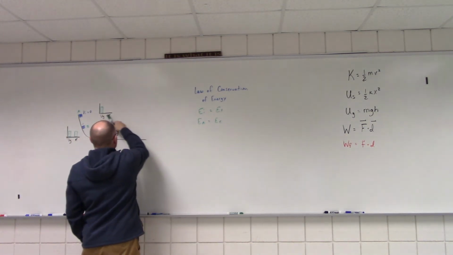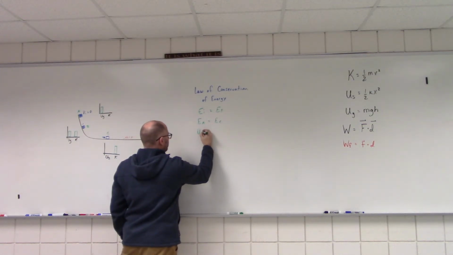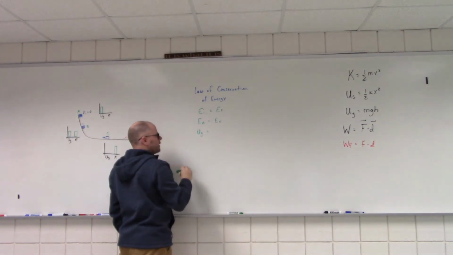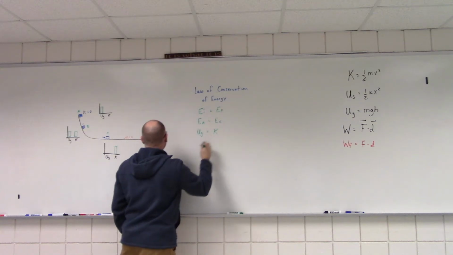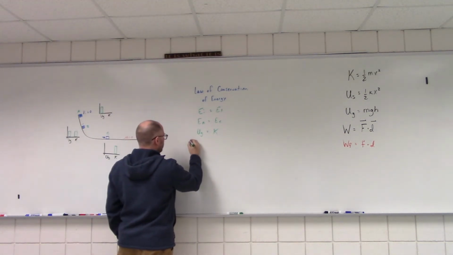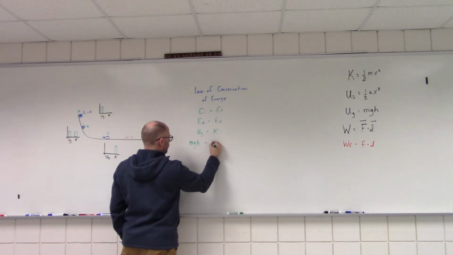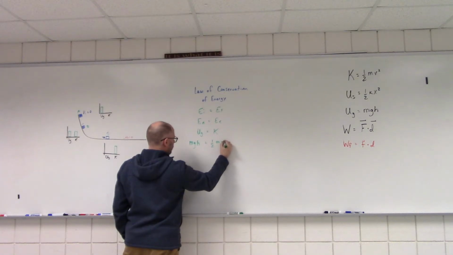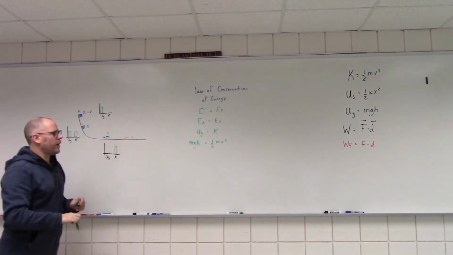I know at A, it's all gravitational energy. At C, it's all kinetic energy. So if I plug and chug this, mgh is equal to 1/2 mv squared.